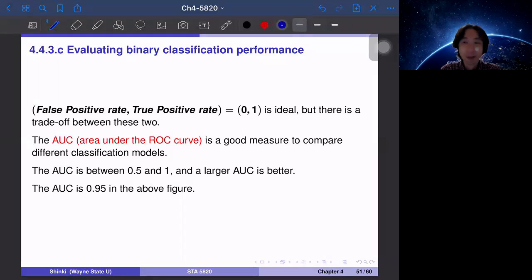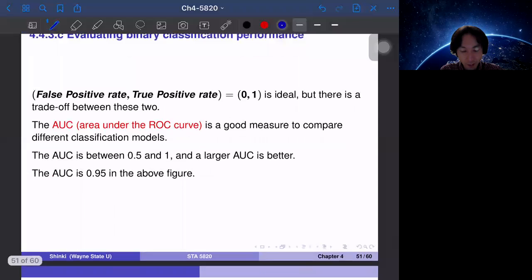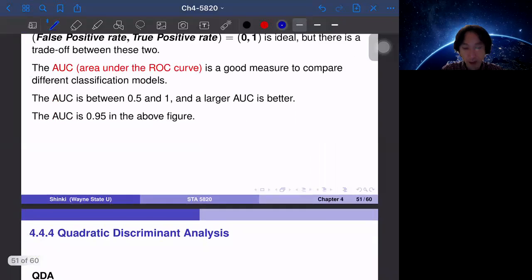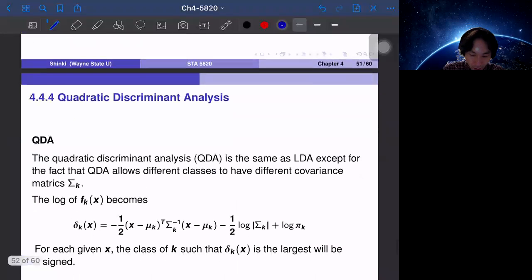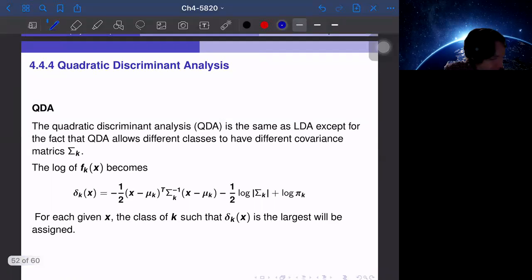Linear discriminant analysis also gives you probabilities, so you can also construct the AUC and ROC curves. In the lab session, we will discuss how to make the ROC curve in R and calculate AUC. Questions?